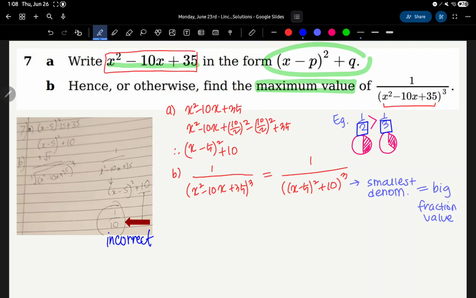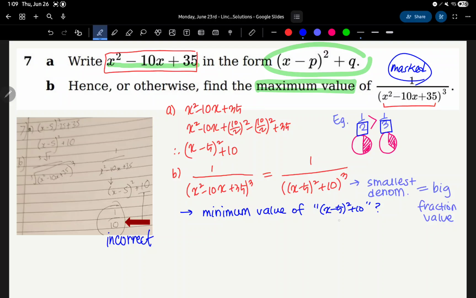That means we're going to have to get what? The minimum value of x minus 5 squared plus 10, right? So that is the essential question that is being asked here. It's masked, but it's actually pretty easy if you uncover it. So let's see, minimum value.